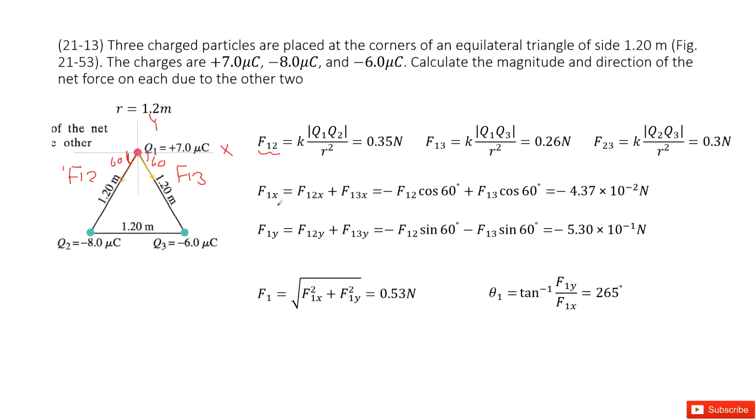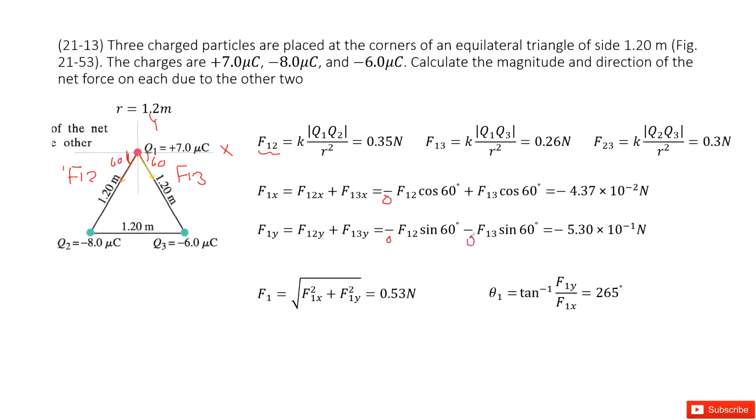Now we project F12 onto the X component as F12 cosine 60 degrees, and because it's pointing in the negative X direction, we add a negative sign. And F13 projected onto the X component is positive, right? So it's just F13 cosine 60 degrees. Similarly, we look at the Y component. F12 projected onto the Y component is F12 sine 60 degrees with a negative sign.